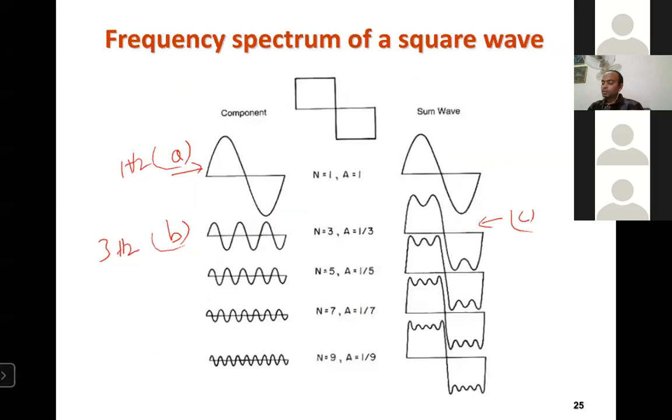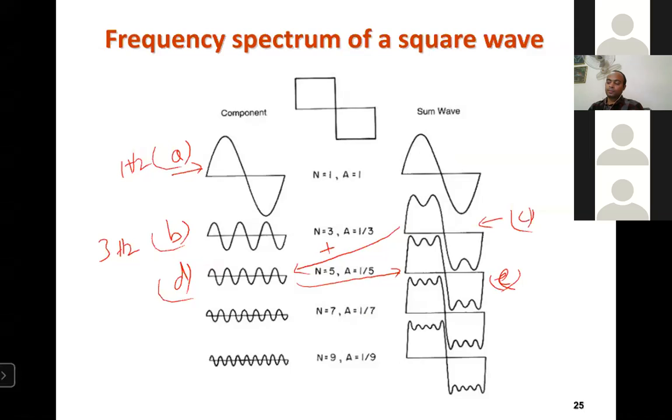When this figure C is added with the 5 Hz signal, let us say C plus D, what result are you getting? Again, the signal is becoming more like a square wave. Are you getting it?